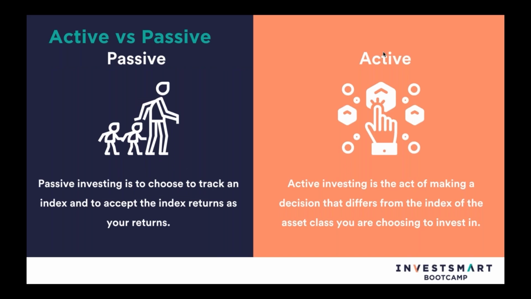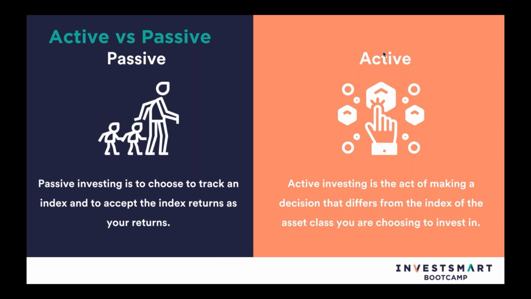So basically, with investments, you've got 2 different types. You've got active and passive. So passive investing is basically a way in which you can track an index and you're accepting the returns that it provides. So you're not trying to outperform the particular market.